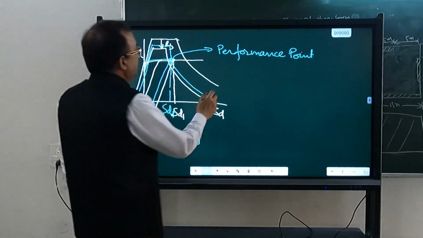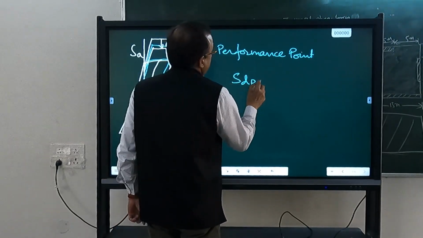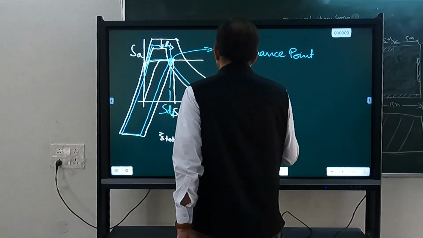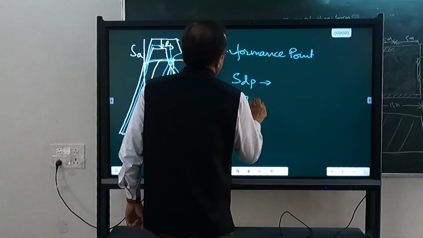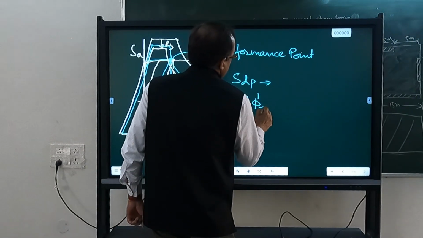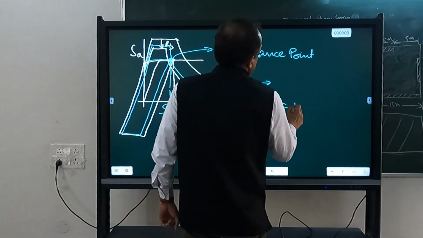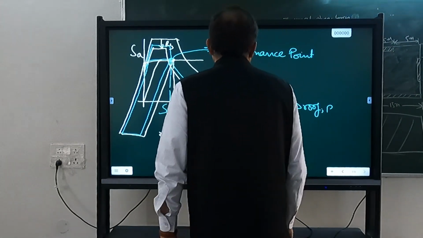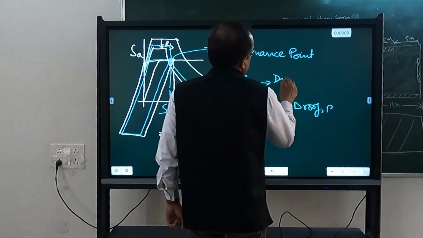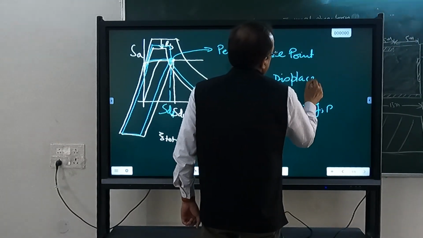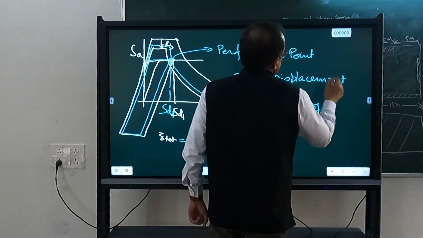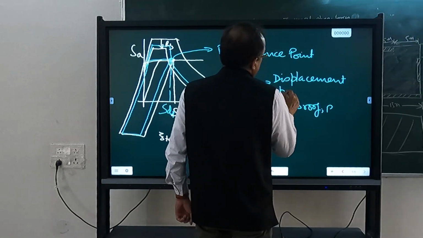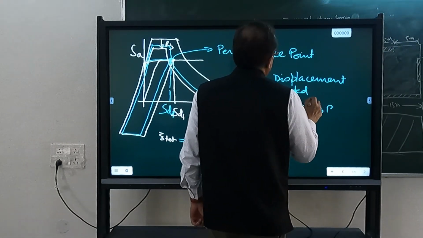What is this SDP representing? If I multiply this by gamma 1 phi 1 roof, then it will be delta roof at the performance point. So this is the displacement expected to occur during the chosen earthquake.